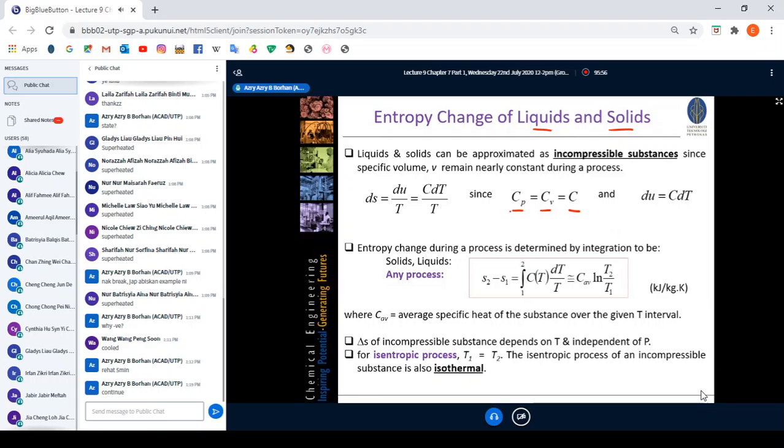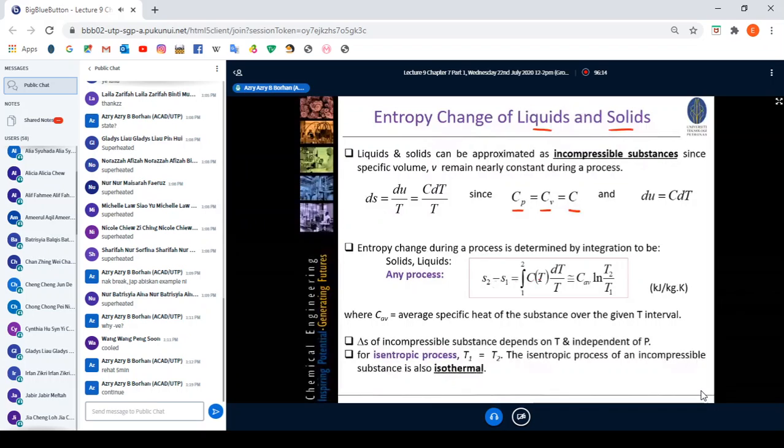So here we know that if you have delta U, you can simply express that in terms of C times delta T. So what happened again from this first TDS relation that you have over here?